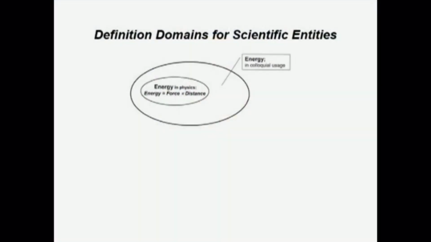But that is okay if we do it in normal speech. But if we use the term energy in physics for a law of nature, we have to make a very, very clear definition. And the definition of energy in physics is force multiplied by distance. Now it's clear what energy is. And now it's possible to formulate a law of nature. And the same is what we have to do for information.